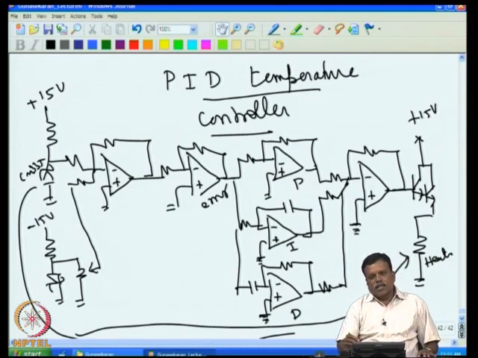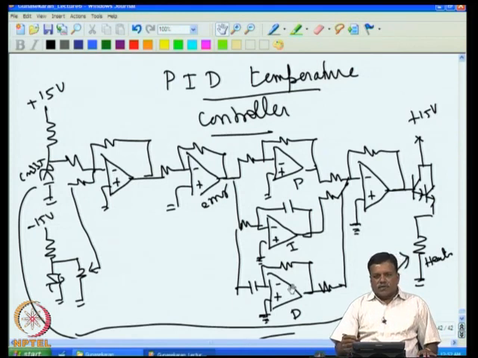In that case, if the response varies slowly, then the system becomes very sluggish. The system will not go to the set value quickly, and it will take a long time. So to avoid that, it is essential that we have a differentiator. This makes the system very fast.